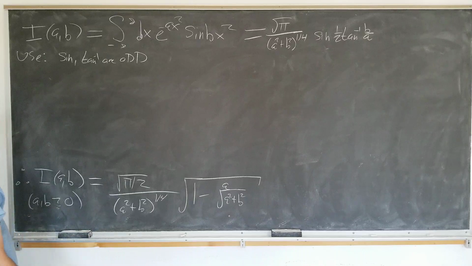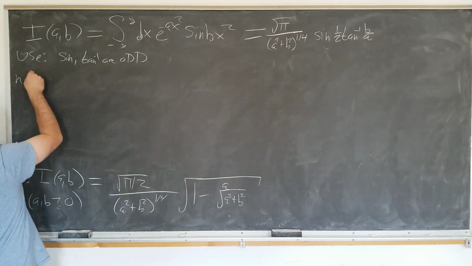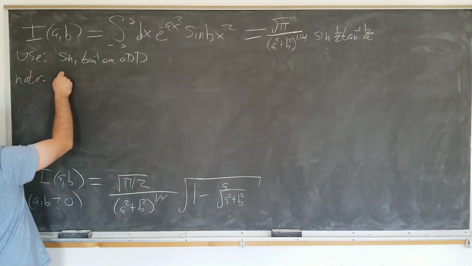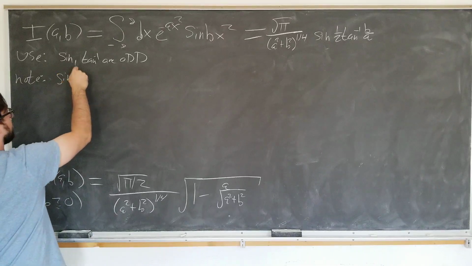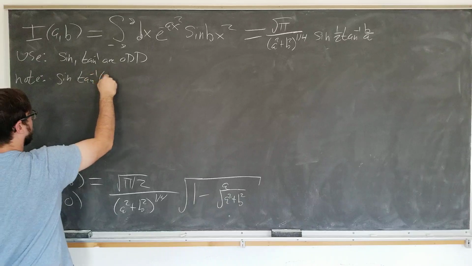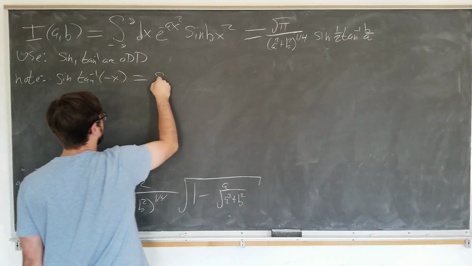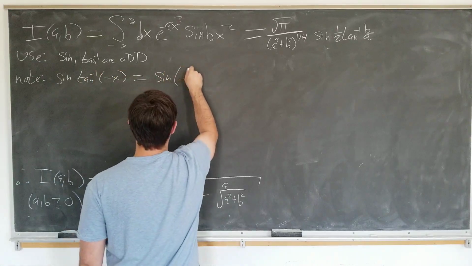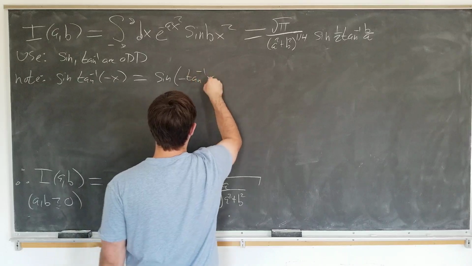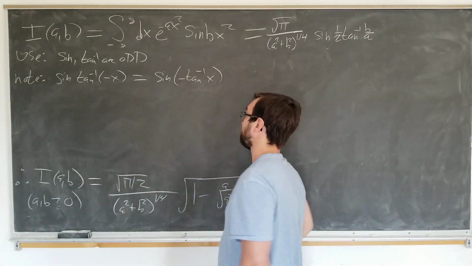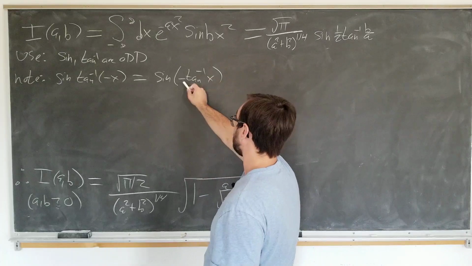So we're just going to note here that sine of inverse tangent of minus x is just equal to sine of minus inverse tangent of x. Since the inverse tangent is odd, it just puts the minus sign outside.